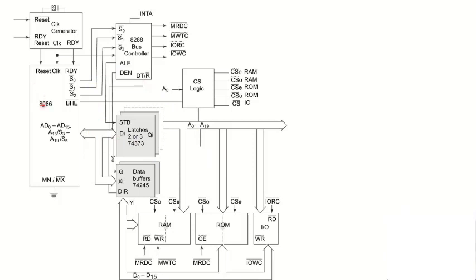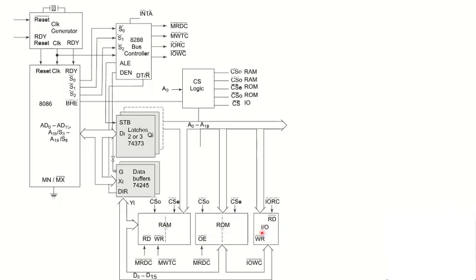The first component is the microprocessor itself, then the clock generator to generate the clock, then latches to latch the 20-bit address, then the data buffer, which is a transceiver, and these are the RAM or ROM memory to store the data or program, okay. Simply, this is the chip select signal to select the odd bank or even memory bank, O for odd, E for even, okay.